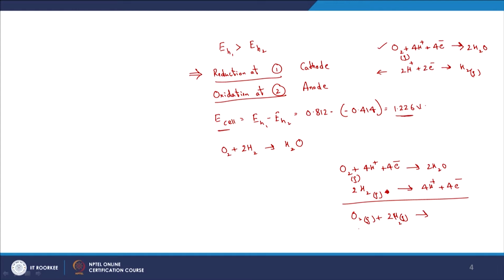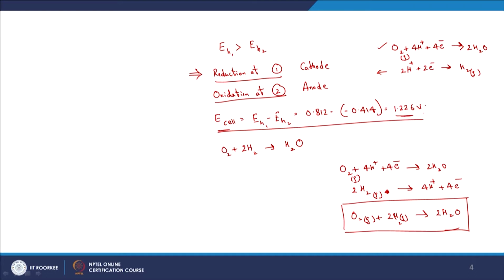You can think of it as oxygen oxidizing hydrogen or hydrogen reducing oxygen, one and the same, forming water. So that's what we end up having here, and this is the case that we see.